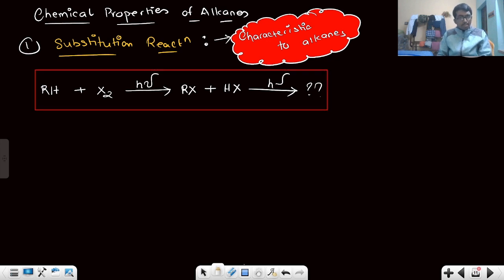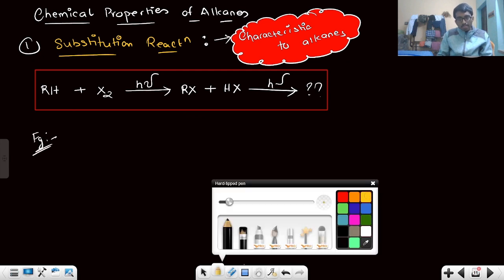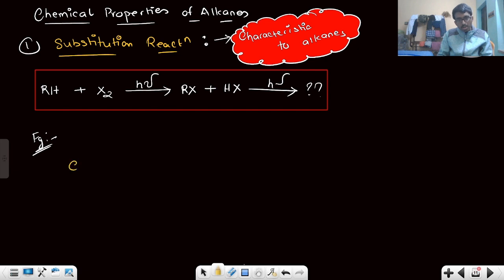Now next example. Obviously I will give an example, otherwise you will not understand. So example for this. Let us take up the simplest one, methane. Methane plus Cl2 in presence of hν will form CH3Cl plus HCl.